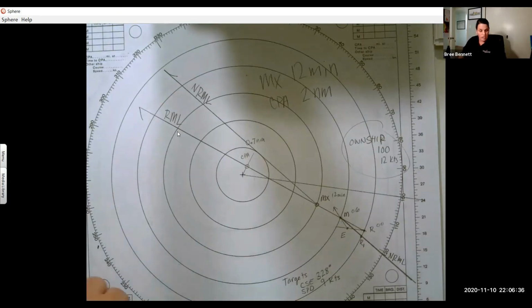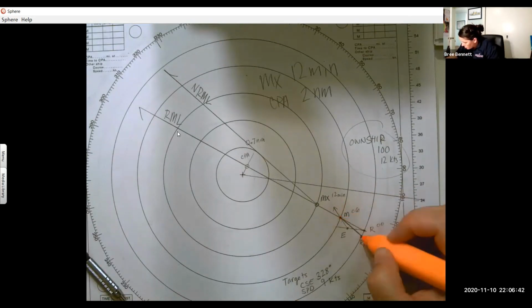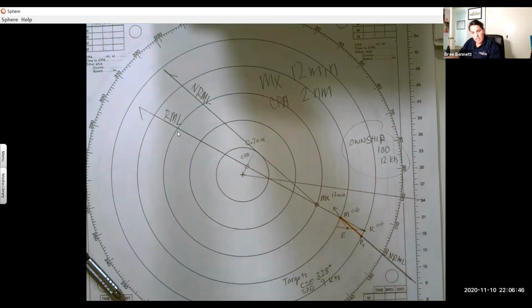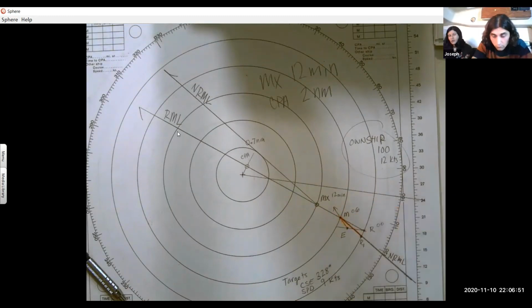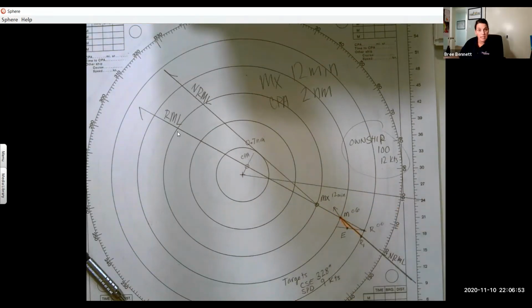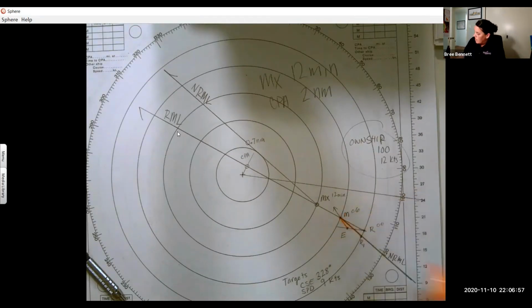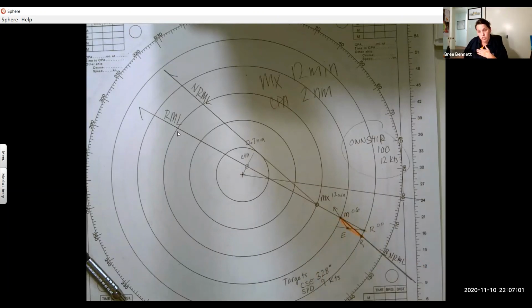So now I have a new triangle. Here's R to M, that's my new relative motion line. And then my E to M is their line. They didn't change. They maintained course and speed. So that line never changed. And then my E to R is my own ship's.